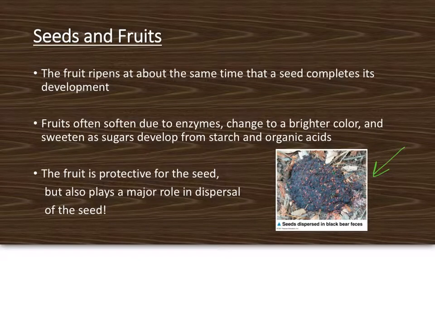So if an organism eats a fruit and then walks a couple miles before it poops, then those seeds, which might just go right through the digestive system and come back out, have moved a mile without the plant moving at all. And so the fact that this fruit is attractive and tastes good allows the plant to disperse its seeds a great distance.